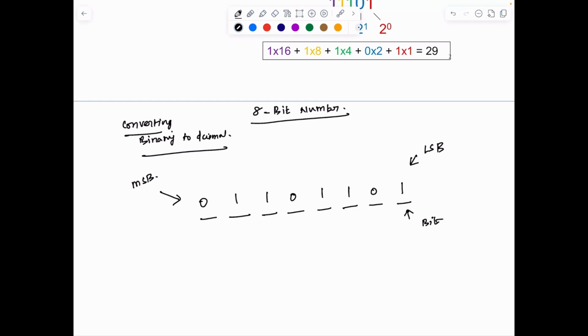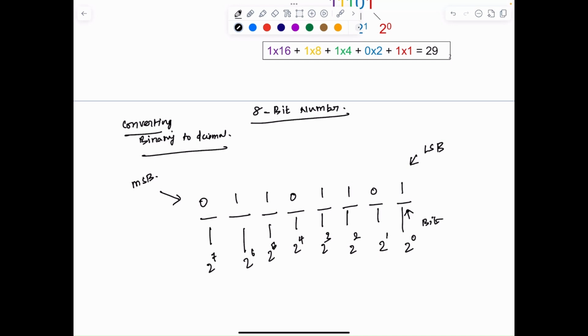Like weighted positions, we name these: this is 2 power 0, this is 2 power 1, 2 power 2, 2 power 3, 2 power 4, 2 power 5, 2 power 6, and then 2 power 7.